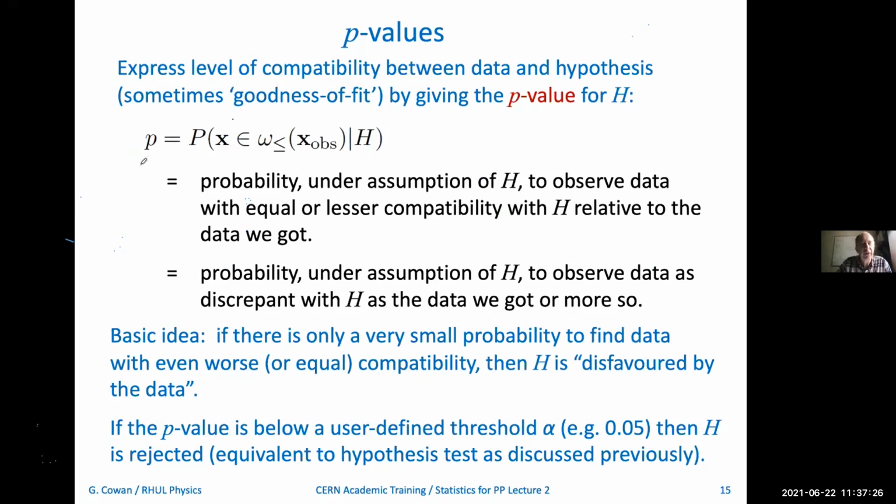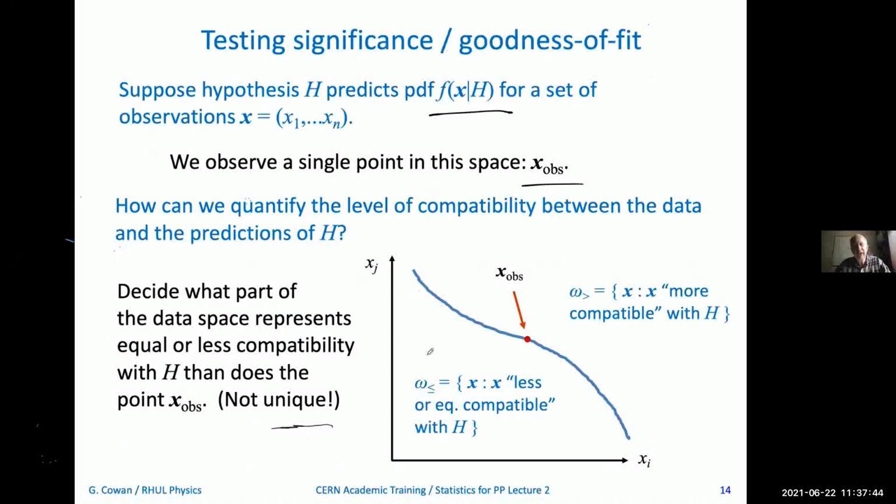And this p-value is the following. It is the probability under the assumption of this hypothesis H to find the data in that less than or equal side. So it's the probability under the assumption of H to find X over here. And remember that that lower left portion includes the boundary.